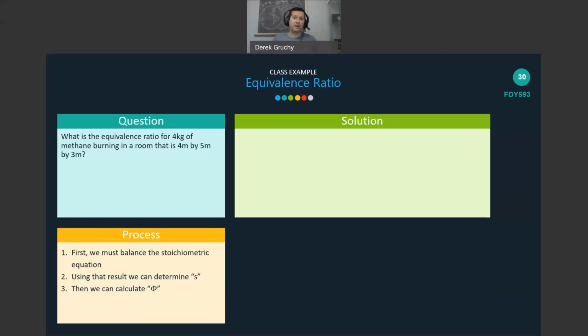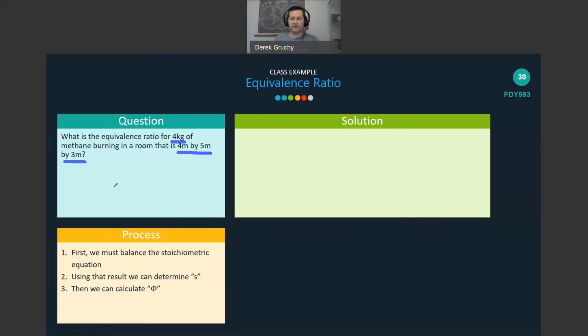But we know that's not going to be the condition that we have, so we're going to take that ratio and multiply it by what we do have. In this case, what we do have is 4 kilograms of fuel, and a room that's 4 by 5 by 3.